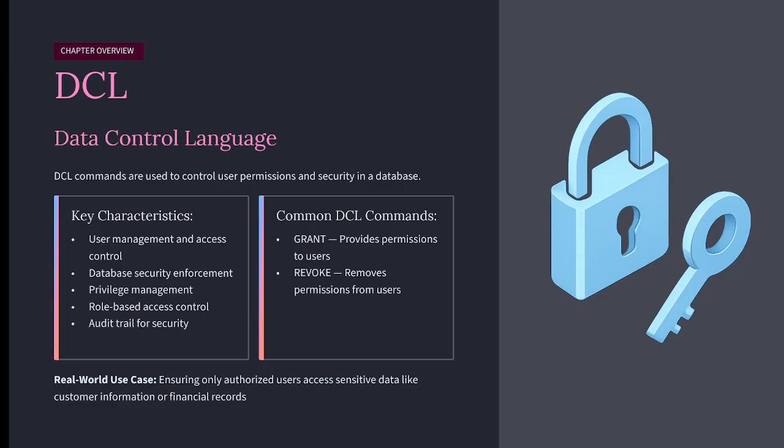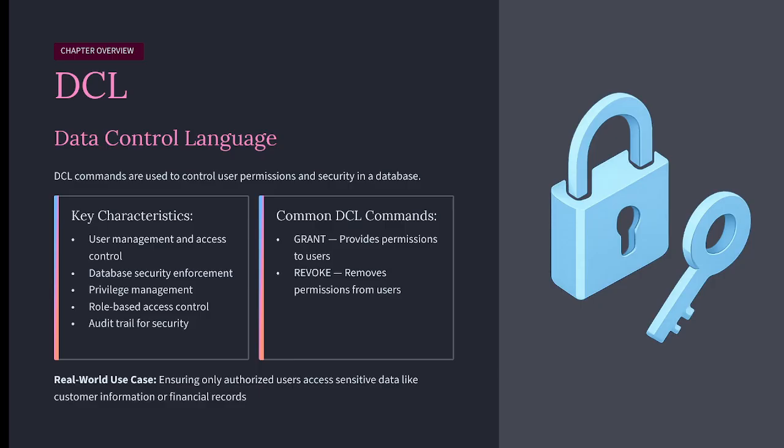The DCL, Data Control Language, is used to control user permissions and security in databases. So users manage and control access to particular database objects. Database security enforcement includes privileges management, role-based access control, and audit trails for security.